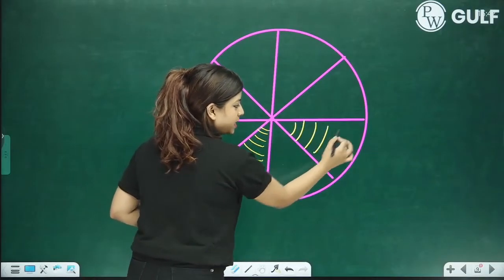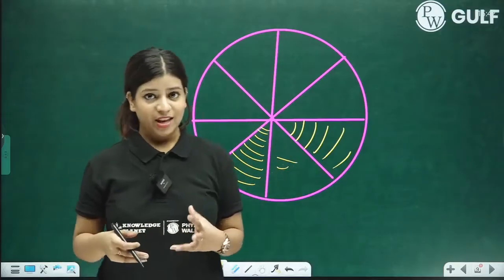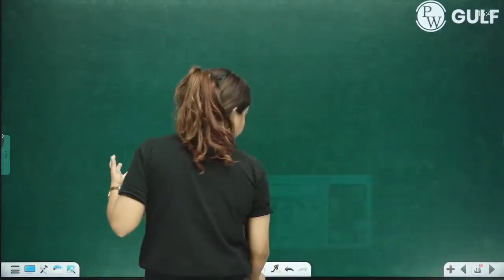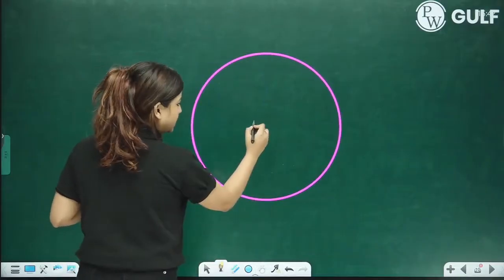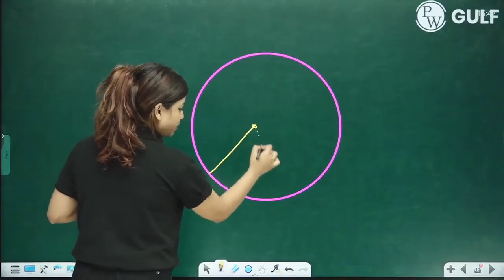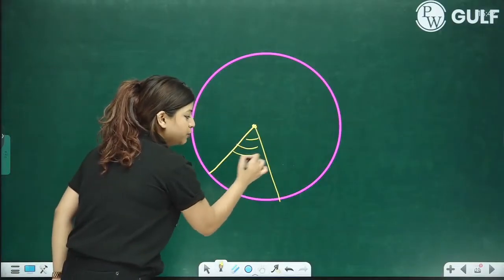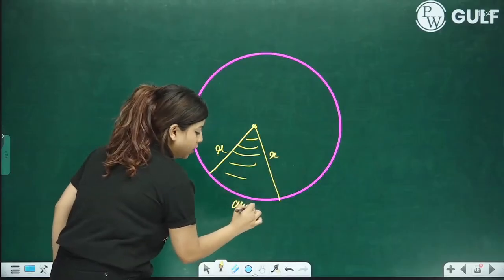This is also a sector of a circle. Every slice is a sector of a circle. And if I pick up one slice, let's say I cut this into one simple slice, this is formed by radii and an arc of the circle.